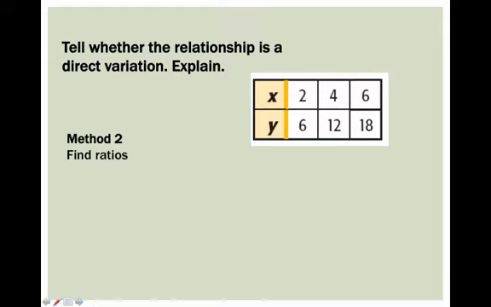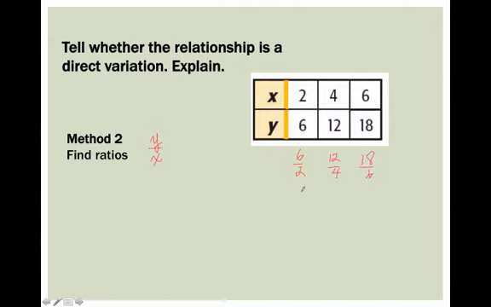Okay, there's another way of checking to see if this is a direct variation. I can find the ratios, and remember we're looking for a ratio of y over x. So I've got, in the first instance, 6 over 2. Then I've got 12 over 4 and 18 over 6.